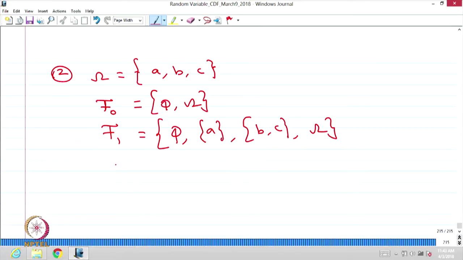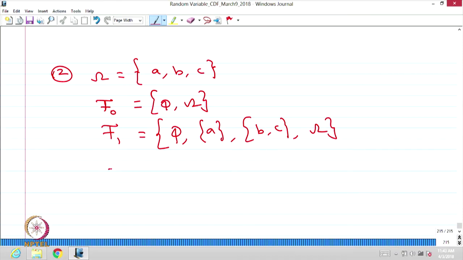Similarly I can go for another sigma field keeping B separately and A and C together. Similarly I can go for another sigma field keeping C separately, A and B together. That means I can create 2 more sigma fields of similar kind.